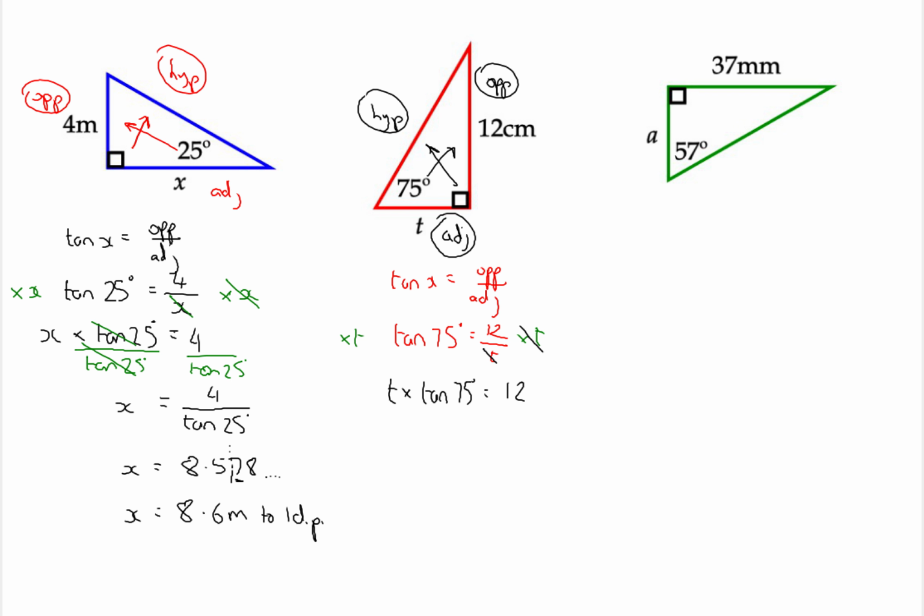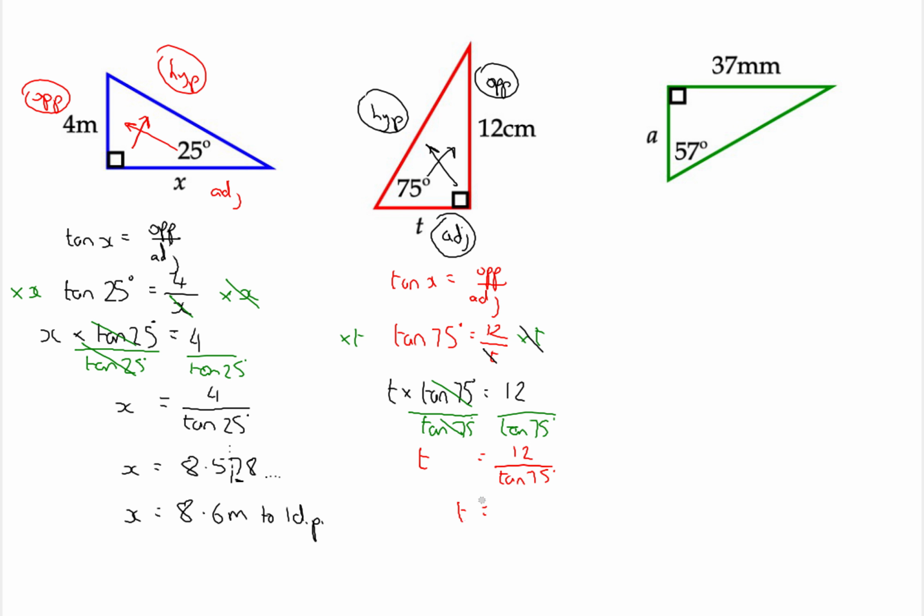And then to get rid of the tan 75 here, to allow us to cancel it out, we're going to divide both sides by tan 75. They divide down to 1. And so, what we're left with here, oh, I forgot about my red pen. We've got t on the left equals 12 divided by the tan of 75 degrees.